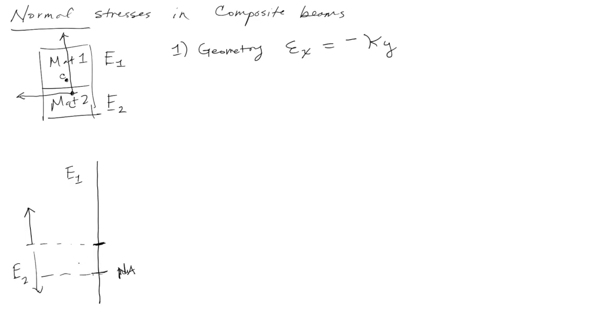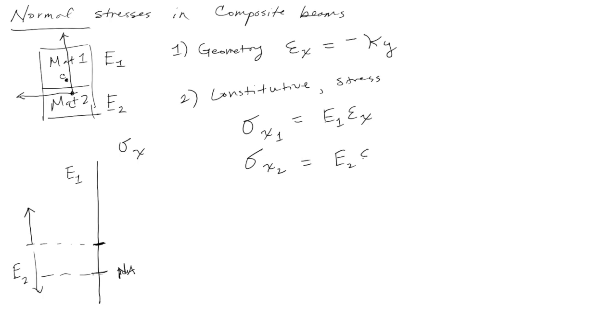Now we're going to look at sigma x, because now we're going to be studying the constitutive behavior, the stress-strain behavior. We know that the stress in material 1 is just E1 epsilon x, and the stress in material 2 is E2 epsilon x. But let's plot these.